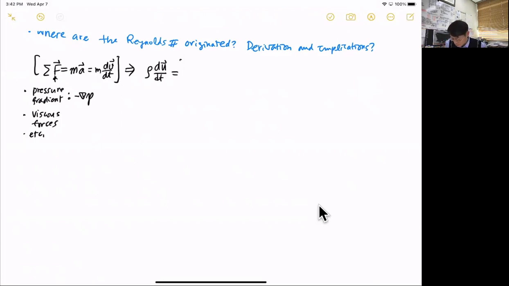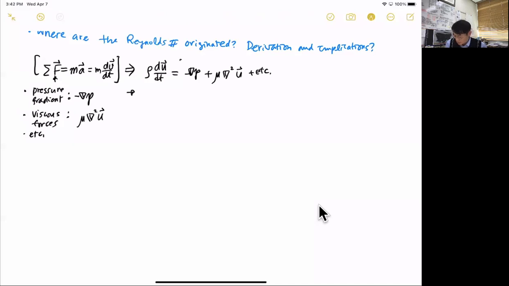And the viscous force is plus viscosity mu times the Laplacian of u, plus etc.